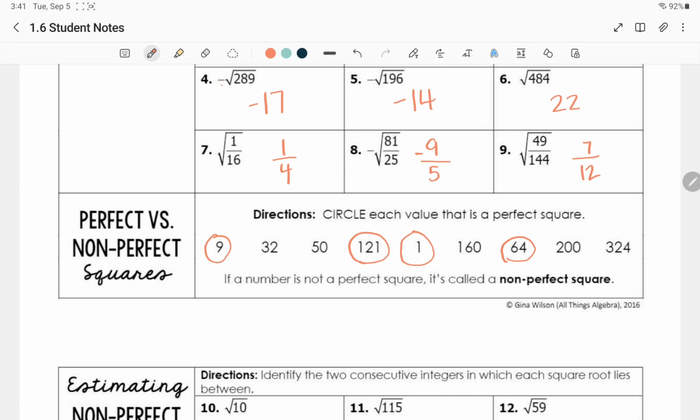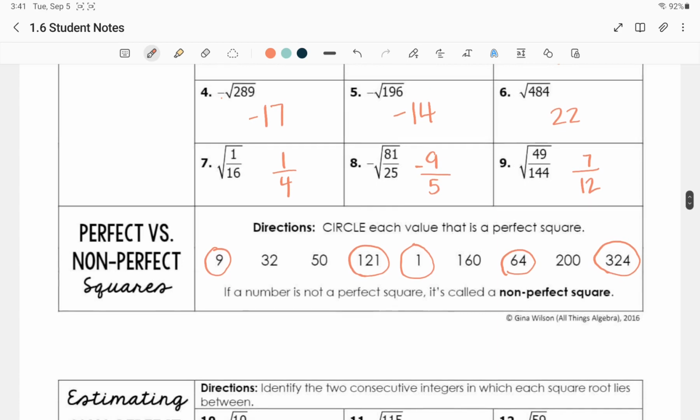And then 324 is a perfect square. I'm trying to think of what number it is. It's not 20. I'd have to put it in the calculator. I can't think of it at the moment. But I know 324 would be, if 20 squared is 400, 21 maybe?